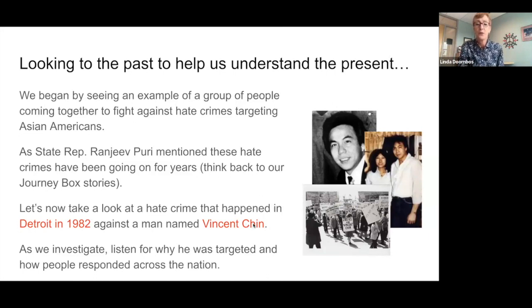He was quite drunk. There was some nasty, violent interchange with a fight that occurred. He wound up getting chased and later beaten to death with a bat by two white men.